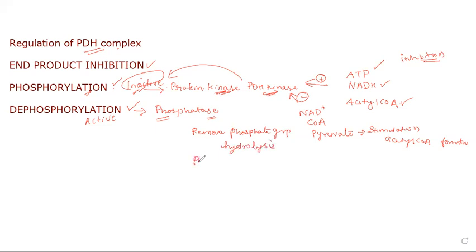So thus the PDH becomes active. Then this pyruvate dehydrogenase complex is also inhibited by long chain fatty acids.